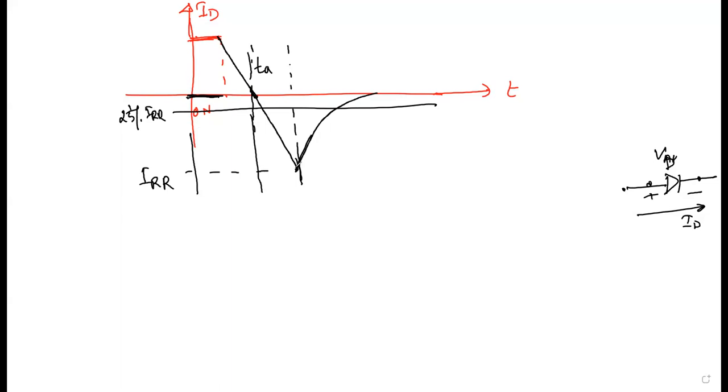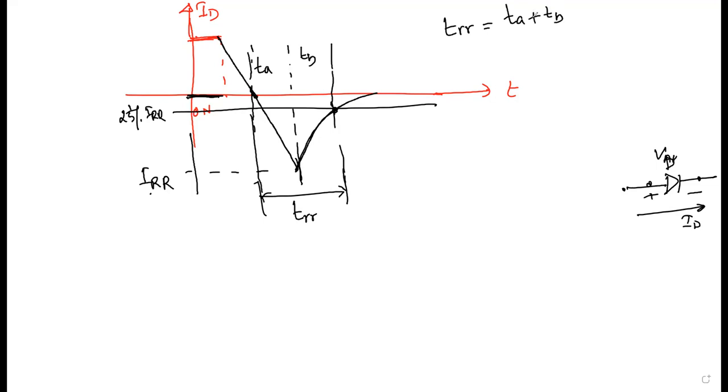When the current goes back to 25%, say if it is 100 ampere and this is 25 ampere, we mark that point, and this will be TB. The total time is known as TRR, the reverse recovery time. TRR is nothing but TA plus TB.